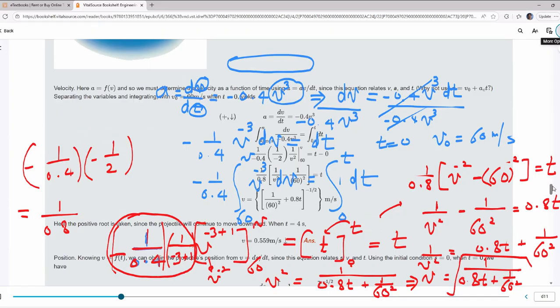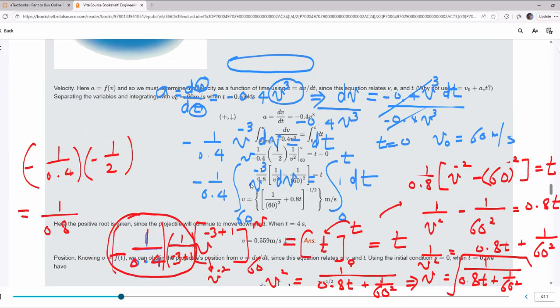We got the velocity as a function of time t, in the unit meters per second. Then we evaluate the velocity when time is 4 seconds. Plug in 4 for t, and using a calculator, we end up with 0.559 meters per second. I'm not going to do that, but you can do it with the graphing calculator.